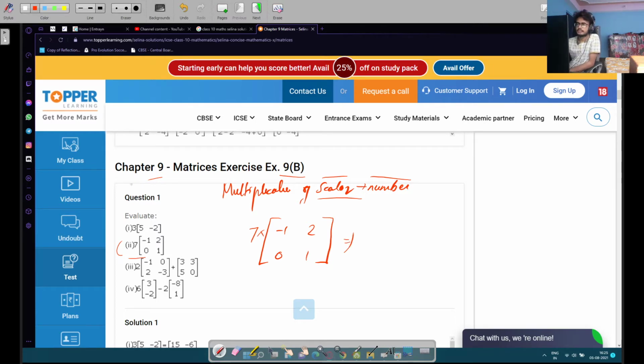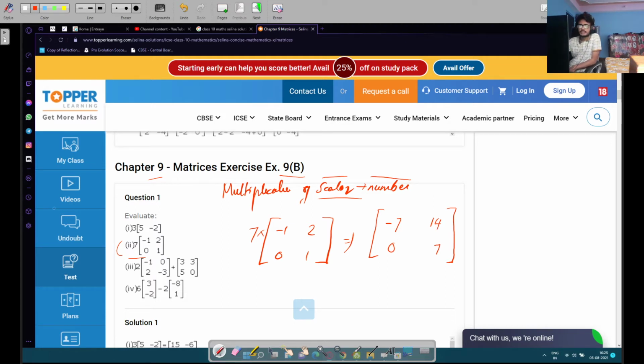What you do is, for this kind of multiplication, you just take this number inside and multiply it with every element inside the matrix. Like for example, we have 7 into -1, right? So we get 7 into -1 as -7, 7 into 2 as 14, 7 into 0 as 0, 7 into 1 as 7. So this is how you multiply a scalar or simply a number to a matrix.